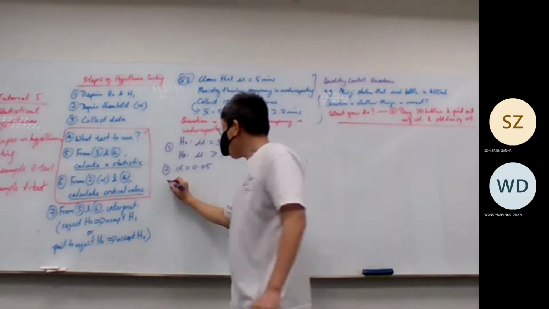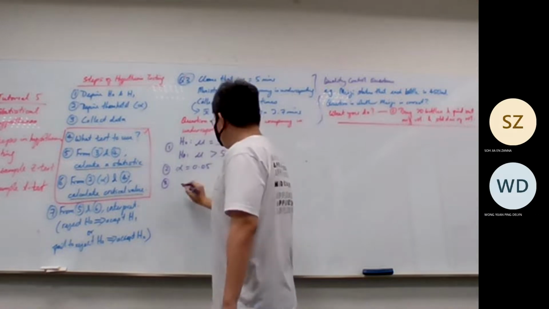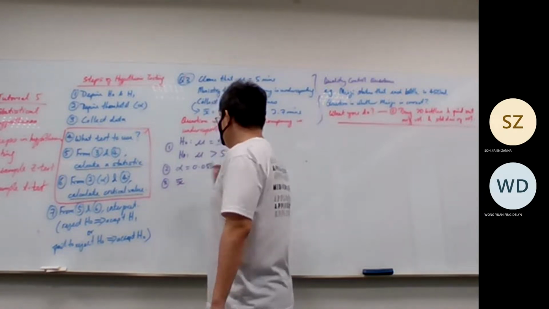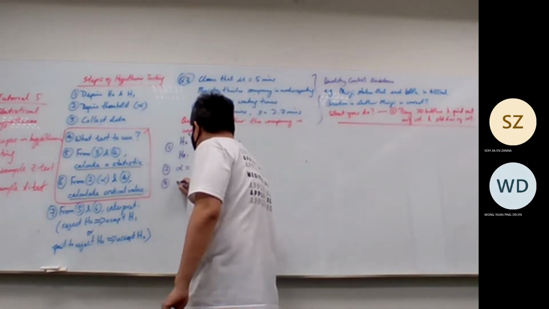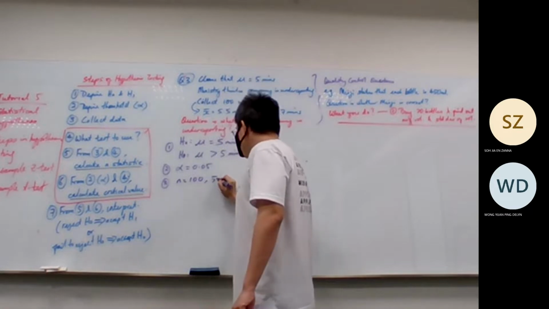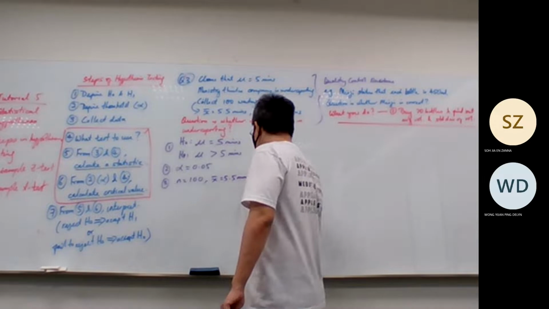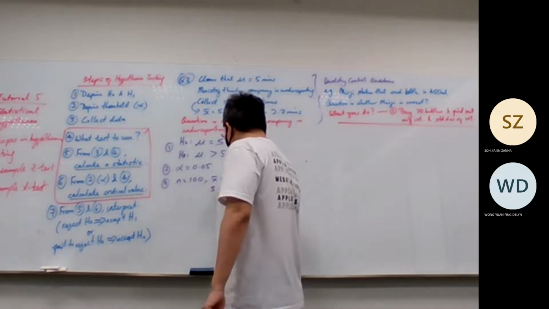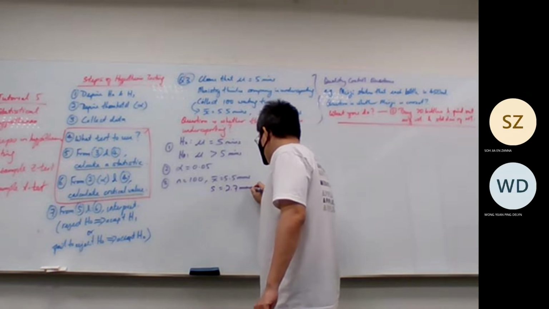Part 3 is done, because the question tells you that the sample size is 100. The mean waiting time that you collect is 5.5 minutes, and the standard deviation of waiting time is 2.7 minutes.